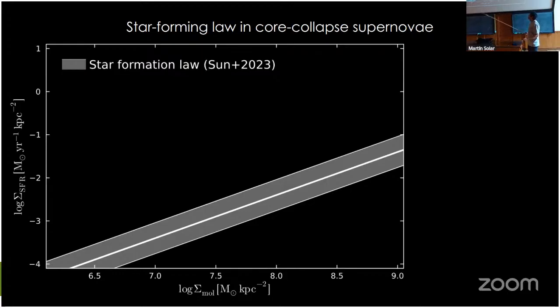This is also known as the star formation law, first discovered by Martin Schmidt 60 years ago, and studied by Robert Kennicutt 30 years ago. And this is the most updated relation from the star formation law, where there is a huge scatter, but the relation stays, and the slope is 1. So there's a perfect correlation. Basically, it says if there is more gas, more stars are formed.